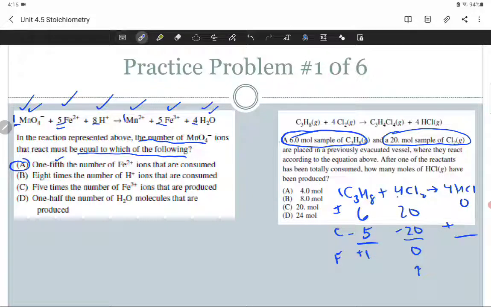So the Cl2 is the limiting reactant and the C3H8 is the excess. The limiting reactant always drives the rest of the chemical reaction. It's a 1 to 4 to 4 ratio. So wherever there's a 4, you better have the same changes. So 0 plus 20 is 20. Let's cross our fingers that one of these answers is 20 moles, and there is one right there.